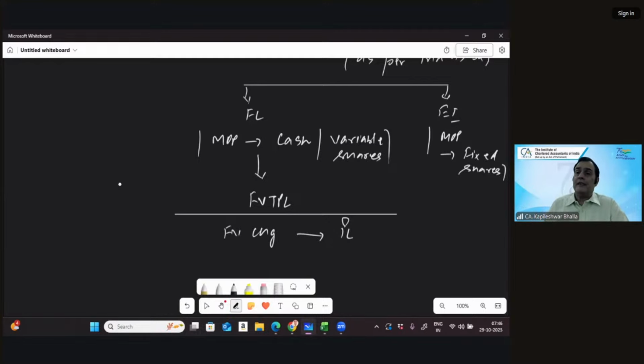And when it is a fixed number of shares, there are no changes to be captured. We're not going to consider any fair value changes in this case. Wow, so that maps up one of the crucial elements of the purchase consideration, and that is CCs.